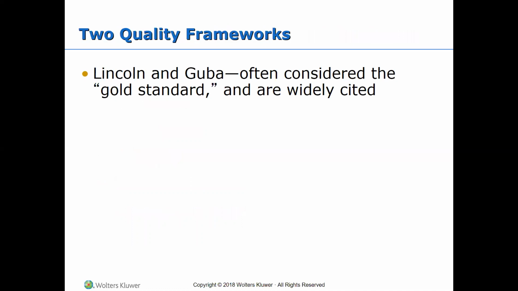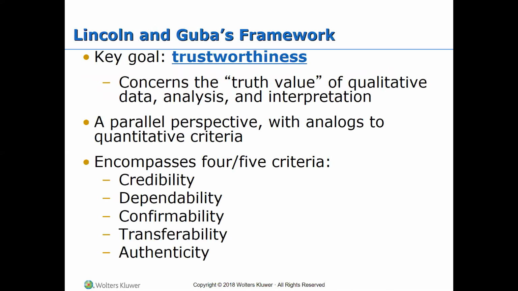Lincoln and Guba are two authors that, if you are knowledgeable of qualitative research at all, you are aware of. I have one of their books. It's about a 4-inch thick book, and this is the gold standard for qualitative researchers. The key term that they use in their framework is trustworthiness, and I think this is really useful.